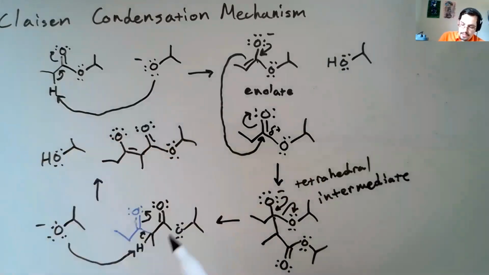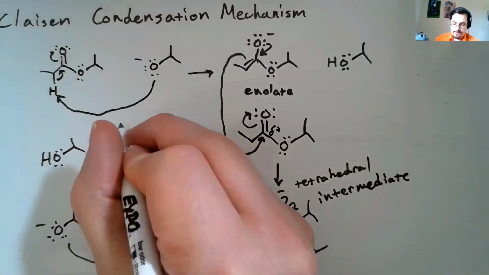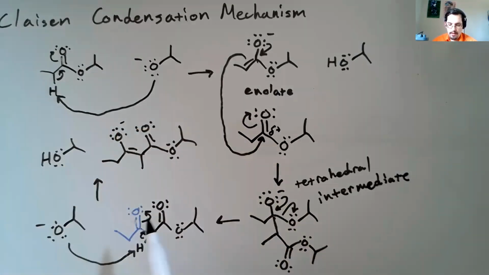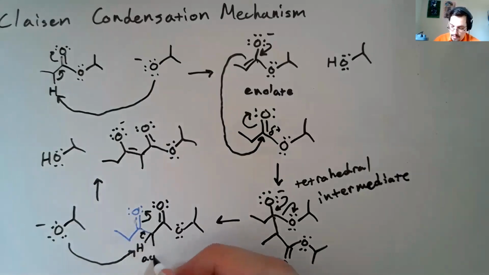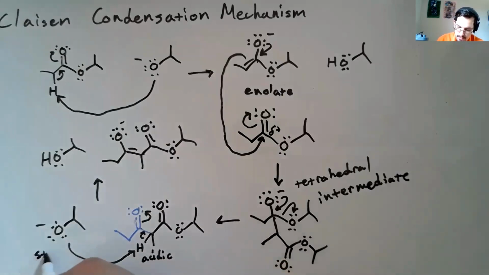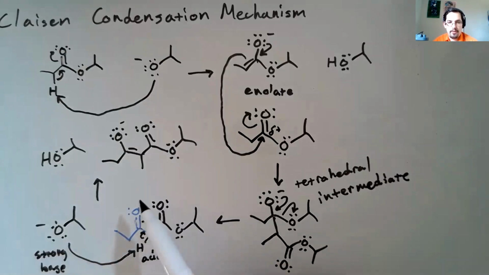This deprotonation here to make our enolate is effectively irreversible because our alkoxide is a very strong base. And in this case, our alpha hydrogen here between those two carbonyls is actually relatively acidic, right? So we have an acidic group and we have our strong base here, which makes this step strongly favorable and pushes strongly towards our product here.